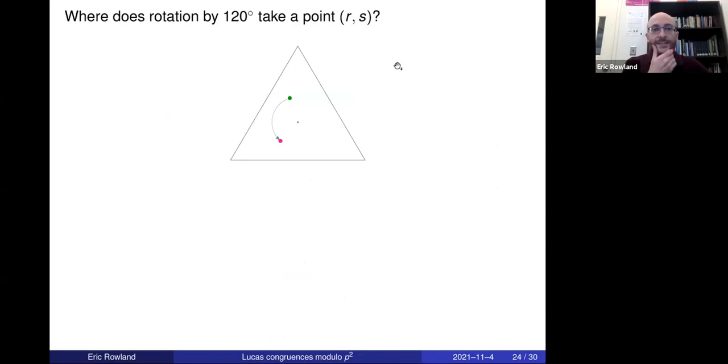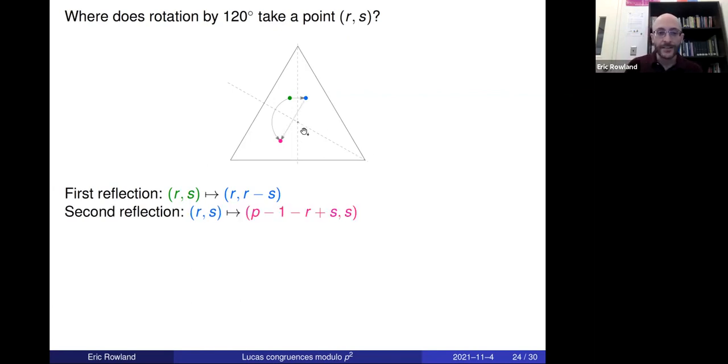So first of all, where does a point go when you rotate it 120 degrees? The only way I could figure this out was by decomposing the rotation into a composition of two reflections. The first reflection takes R comma S to R comma R minus S, same row, but reflected. And then if we reflect a second time and compose these two reflections, we'll get the rotation.